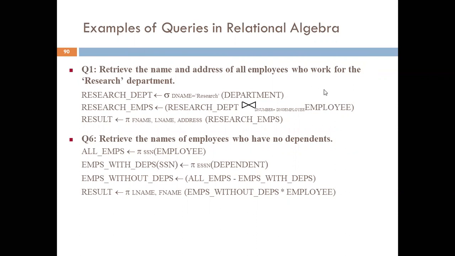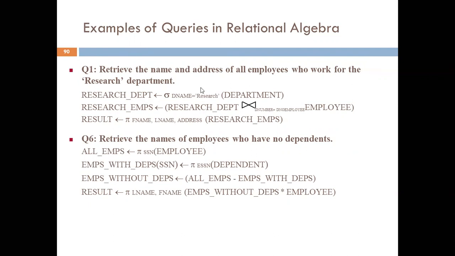So first we will apply the select operation, sigma department name is equal to research, on department. Then we will get the department entity where the department name is research. That will be present in the research department table.